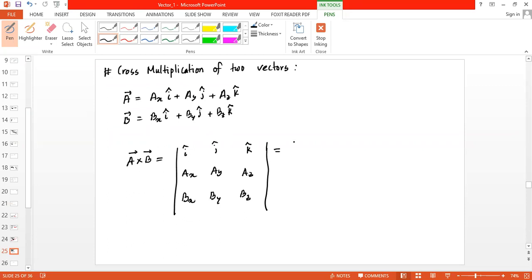So how to get the determinant for I? What I have to do? I have to consider just these two rows and take the determinant. So this should be like AY BZ minus AZ BY. Right?